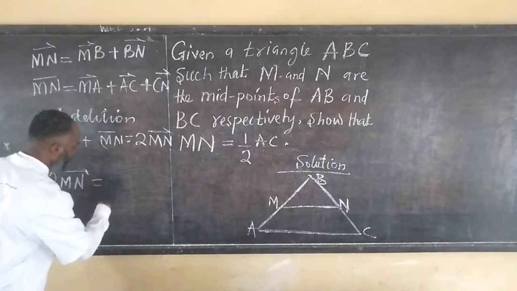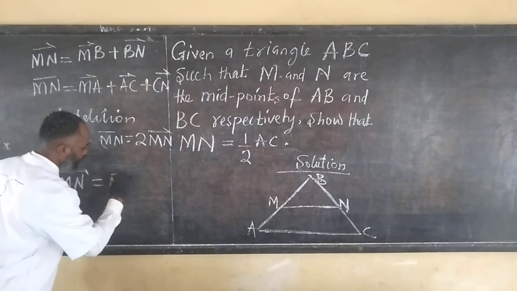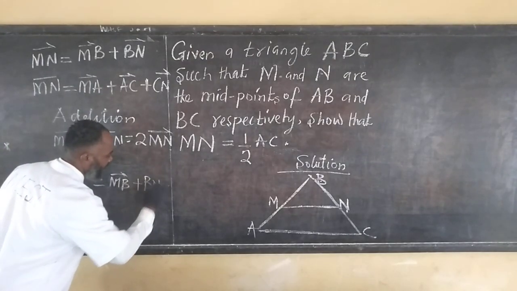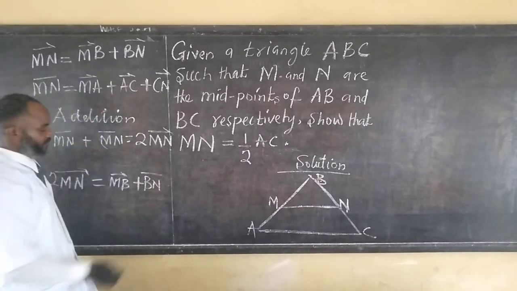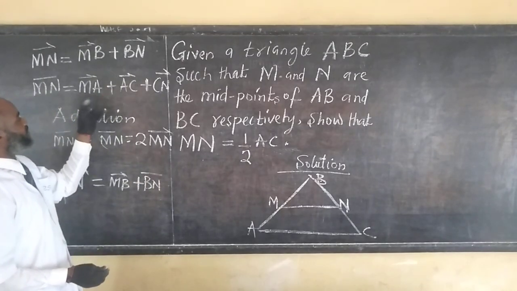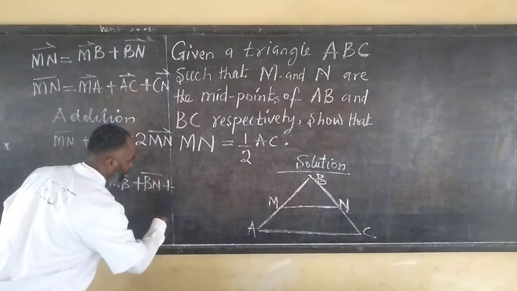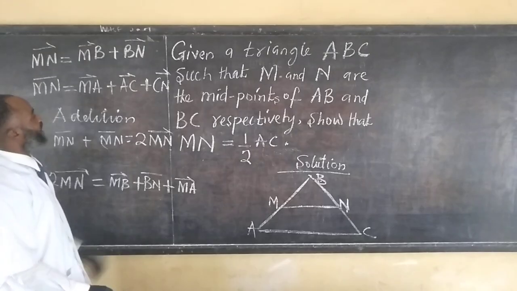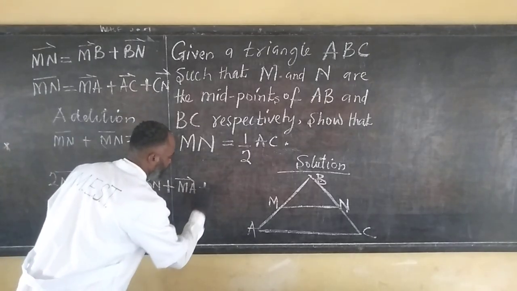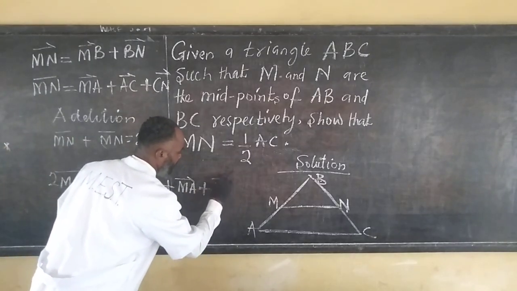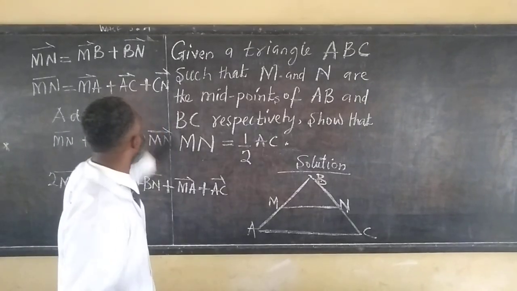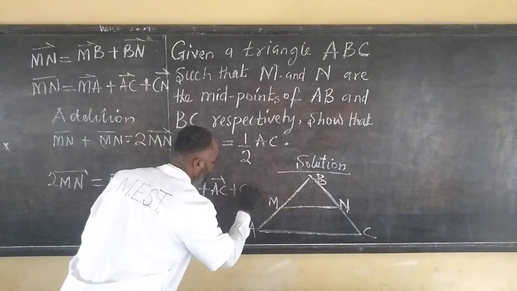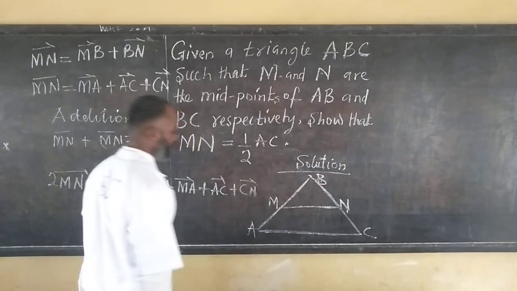So vector 2MN is equal to, we combine everything now: the first one is MB plus BN, then we add plus vector MA, plus AC, and finally, last but not least, CN.